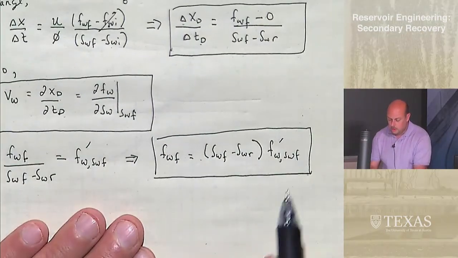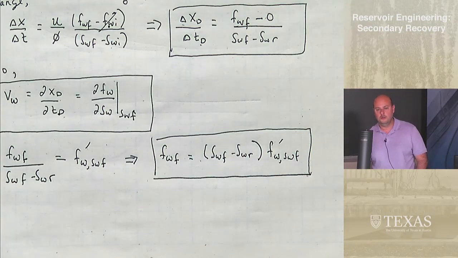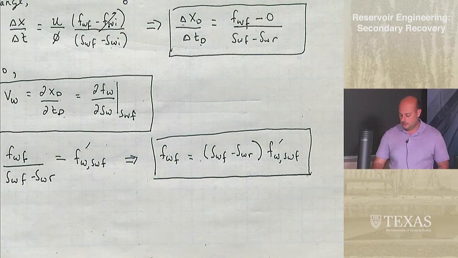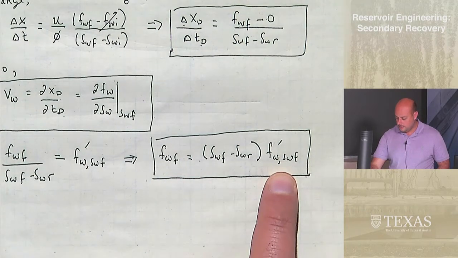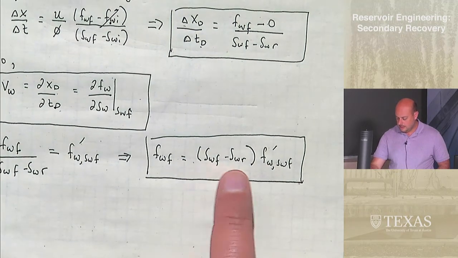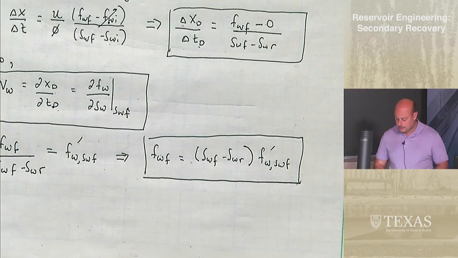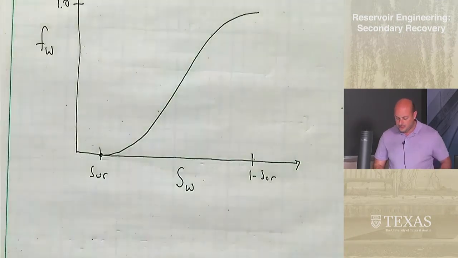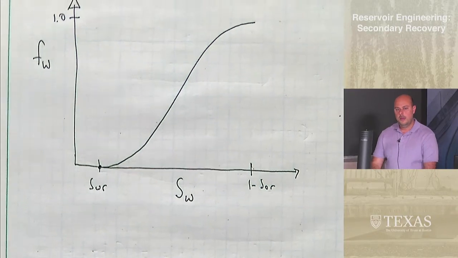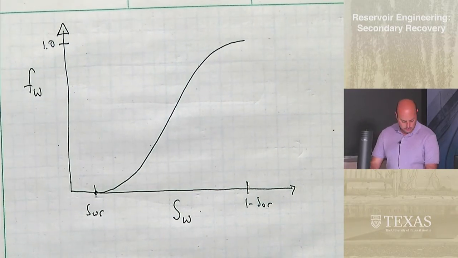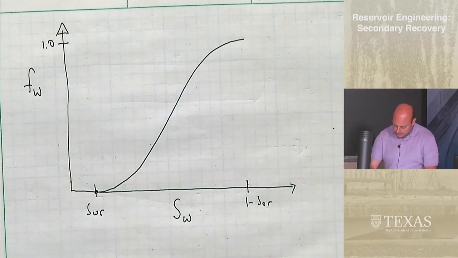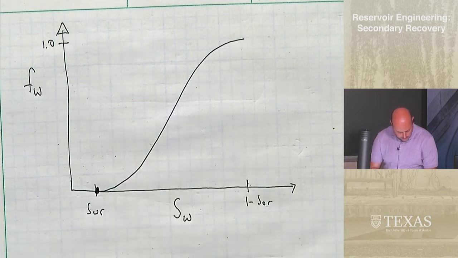And what we have is an equation here that looks like a line. It's like y is equal to a slope times x minus x naught. So this is like an x-intercept. So it's a line, and I can draw that line with an x-intercept of SWR, starts right there.